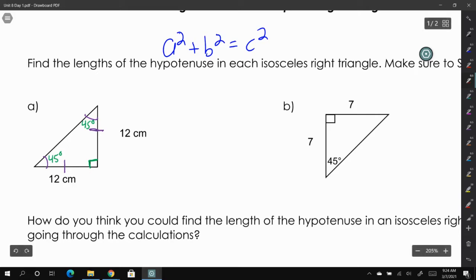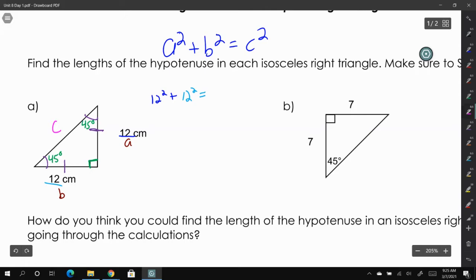So it doesn't matter which side you label a or b, but the hypotenuse is always c. That is always your longest side. So let's plug in these values. 12 squared plus 12 squared equals c squared.